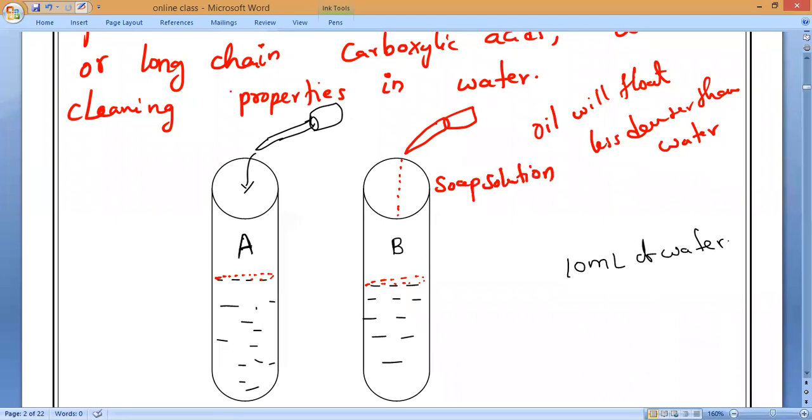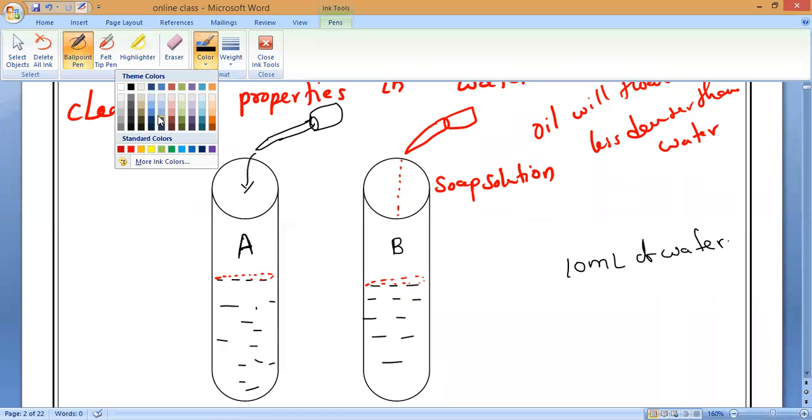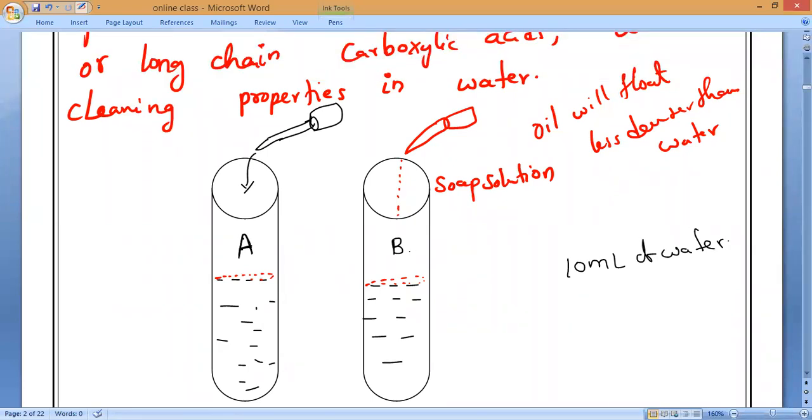Okay, so now you will notice it. So test tubes A and B have 10 ml of water and a drop of cooking oil, and later in test tube B, a few drops of soap solution we have to add.